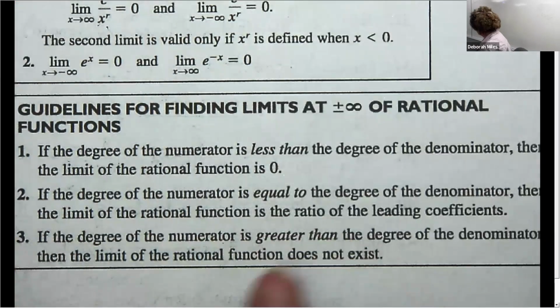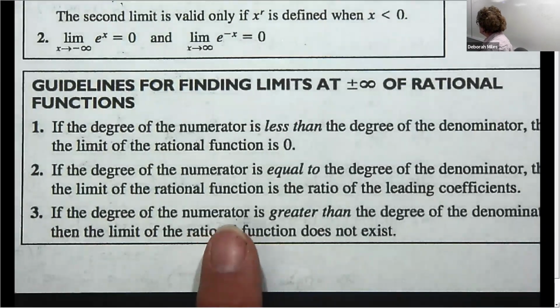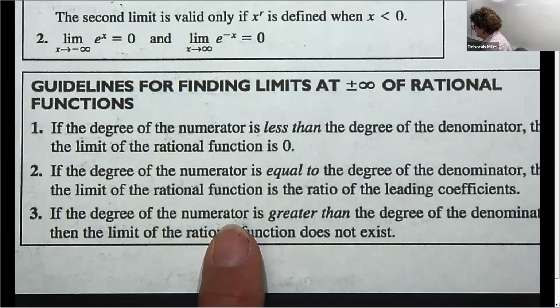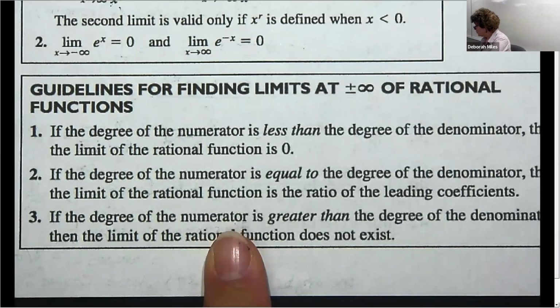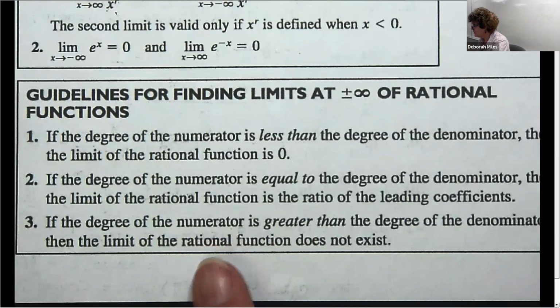And then last, if the degree of the numerator is greater than the degree of the denominator, if the top of a fraction is getting big faster than the bottom, what's happening to your y's, or to the values of that fraction?